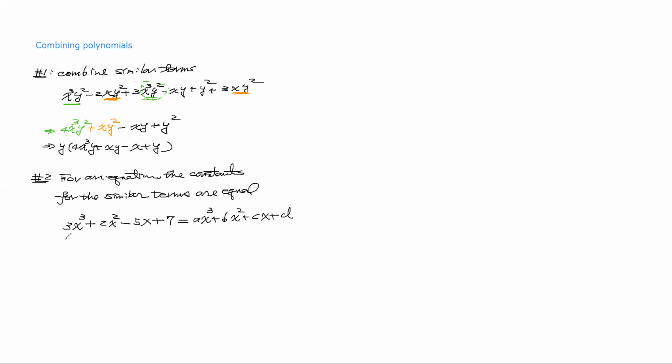So the first one here, this is x cubed. So the x cubed is here, so I know what a is. a is equal to 3.